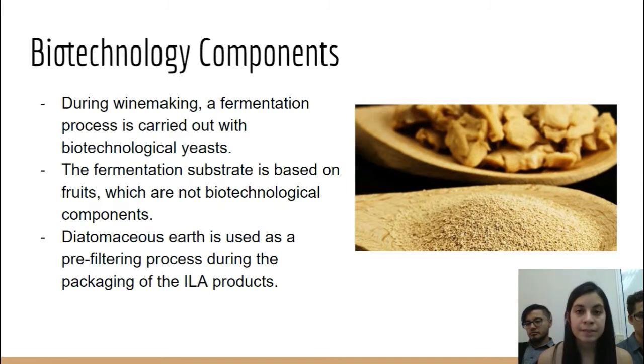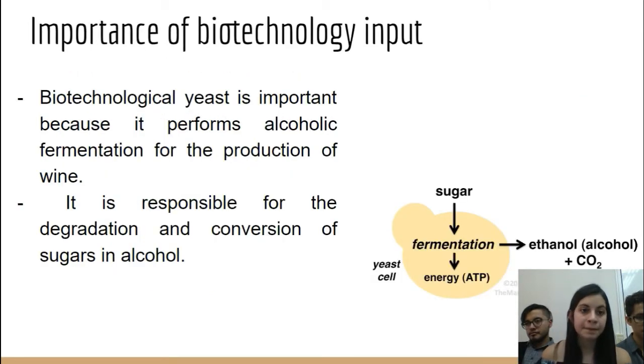Also, they use stabilizers and sweeteners, and these are also not biotechnological components. Winemaking also uses a component called diatomaceous earth, used in the pre-filtering process during the packaging of products like wine.